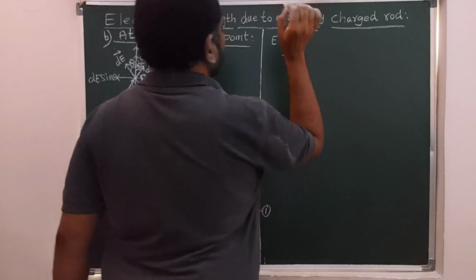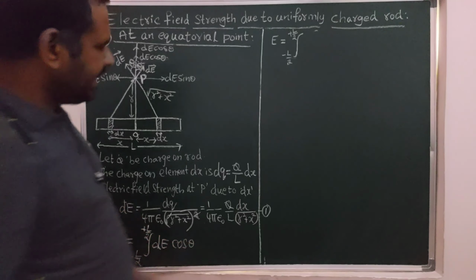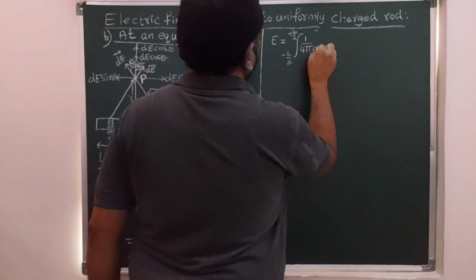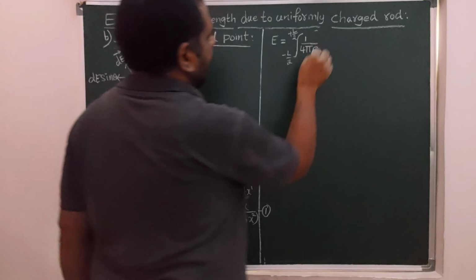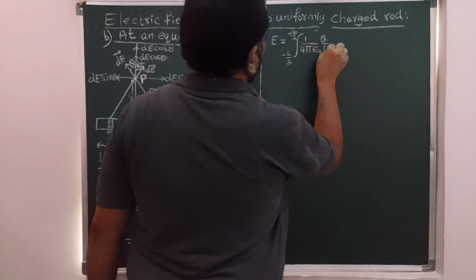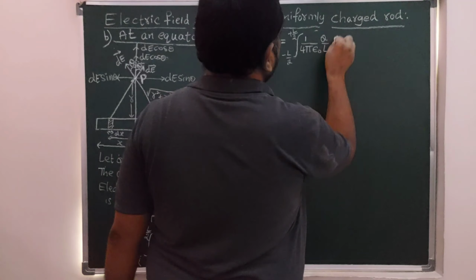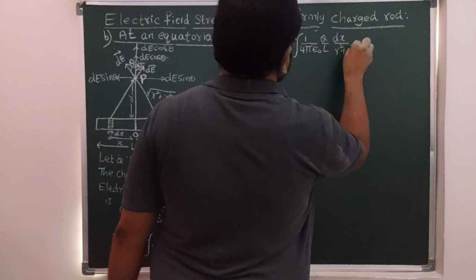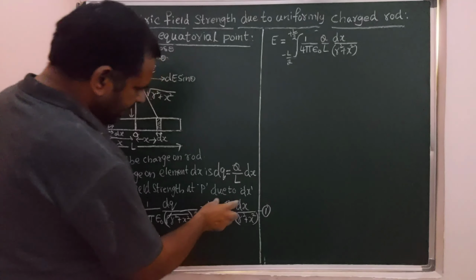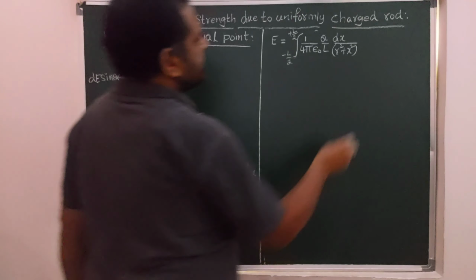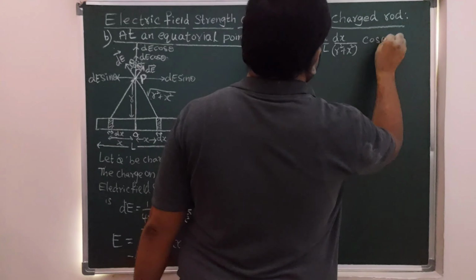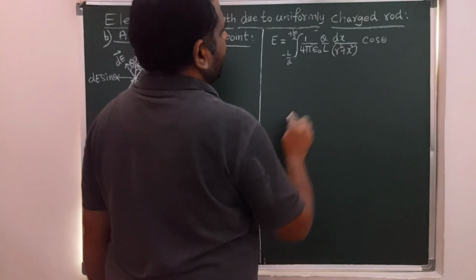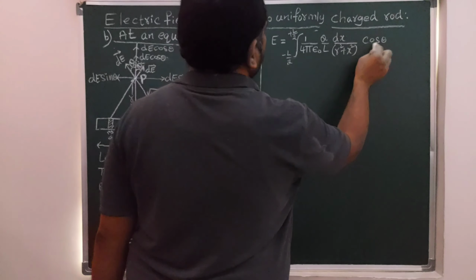In place of dE, we can write the first equation, that is 1 by 4 pi epsilon naught into Q by L, Q by L dx, divided by R square plus x square. So we have written the dE value from equation 1. Here cos theta is there, write cos theta as it is. So see that equation: the limits are minus L by 2 to plus L by 2, dx is there, R square plus x square, and cos theta is there.